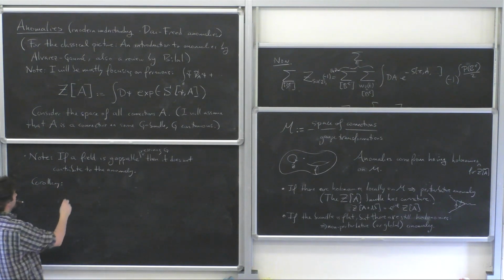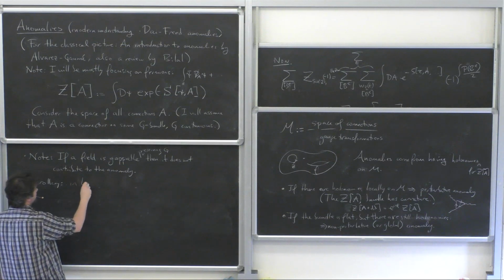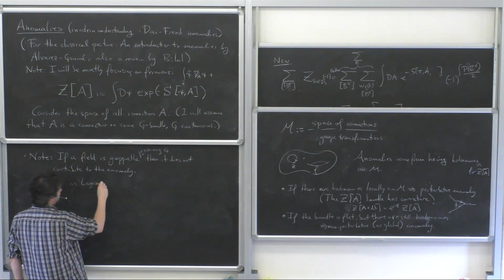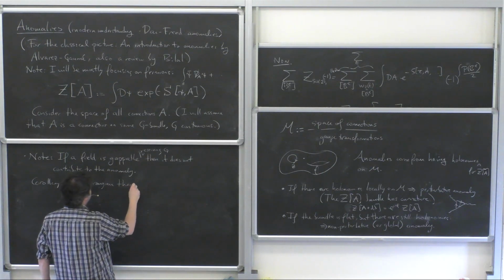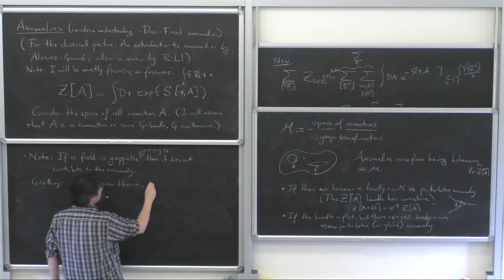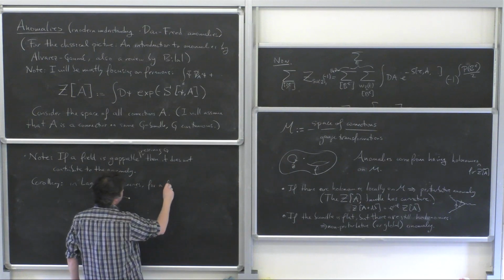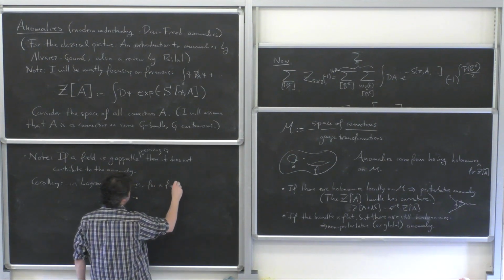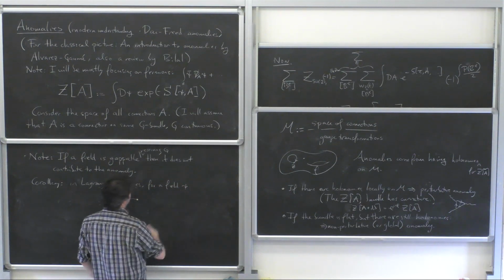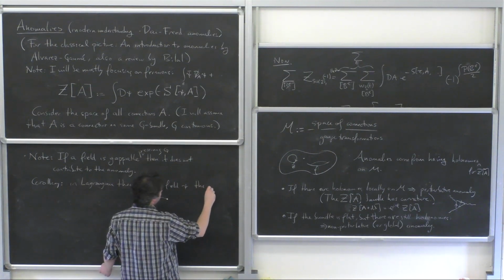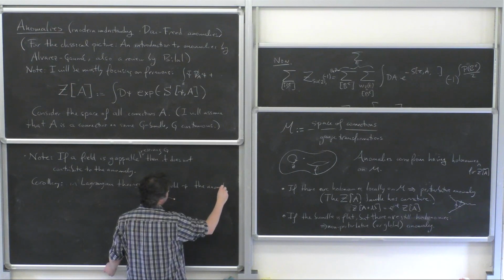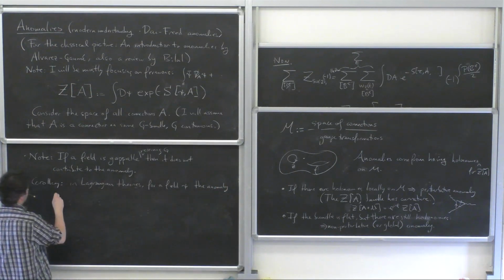Which is that in Lagrangian theories, I don't know how to prove this in general for non-Lagrangian theories. So in Lagrangian theories, for a field phi, for some fermion, the anomaly is a phase.